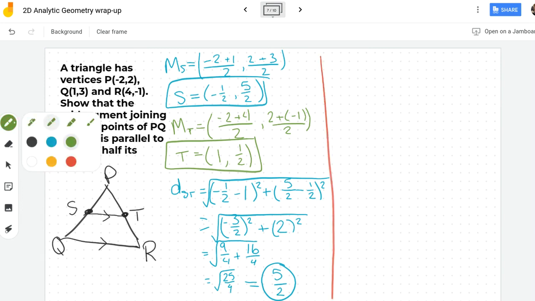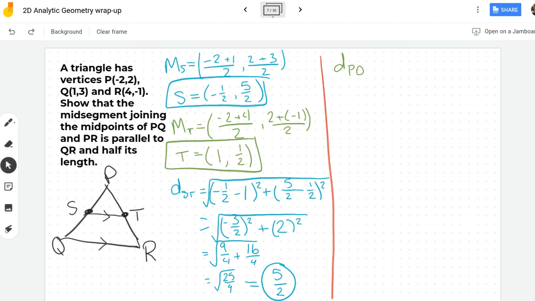Now for the next part, we need the distance or the length of PQ. Or sorry, not PQ. QR. Distance of QR.